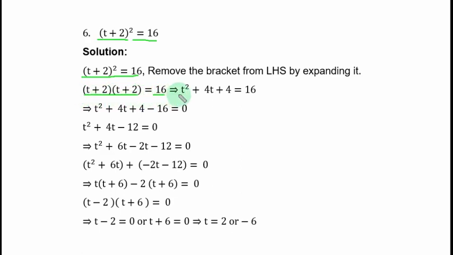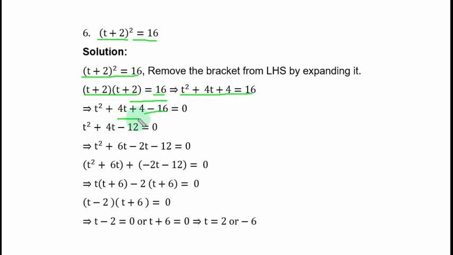So when you expand, you have t squared plus 4t plus 4 equal to 16. To make the right hand side 0, you have to transfer plus 16 to the left hand side, and it becomes minus 16. So we have t squared plus 4t plus 4 minus 16. Plus 4 minus 16 is minus 12.